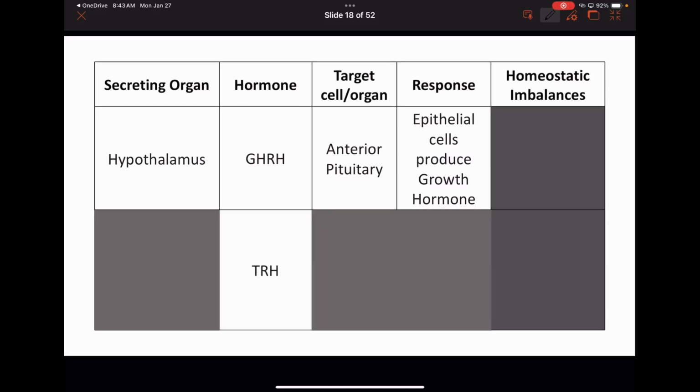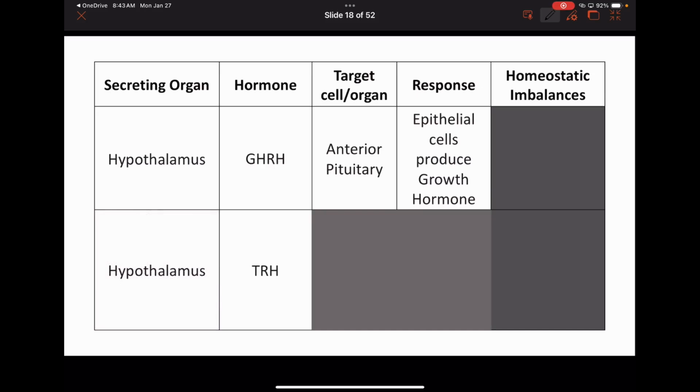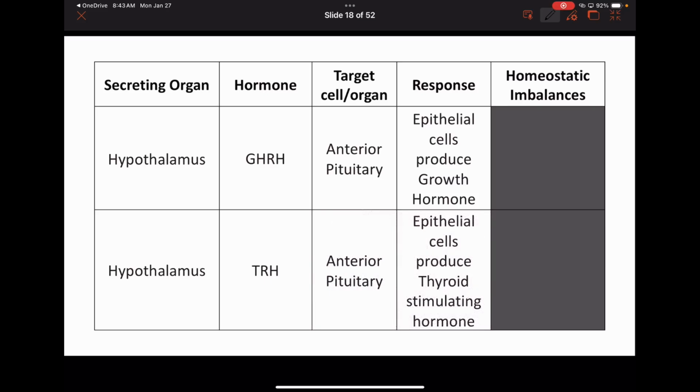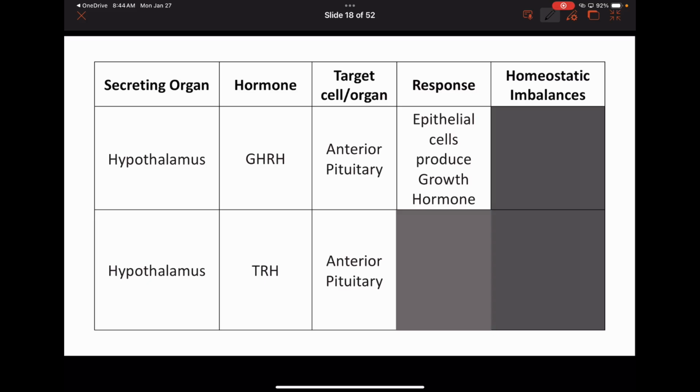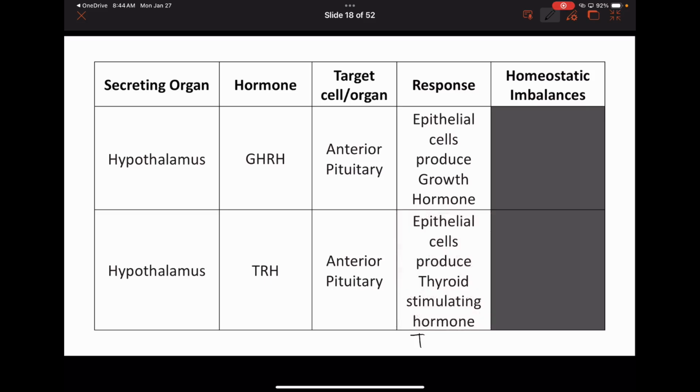And the other hormone we talked about already is thyroid releasing hormone. It is the same secreting organ, comes from the hypothalamus. It also targets the anterior pituitary, but this time the epithelial cells will produce thyroid stimulating hormone. And remember, with hormones, you are free to use abbreviations for hormones only. Thyroid stimulating hormone would be TSH.